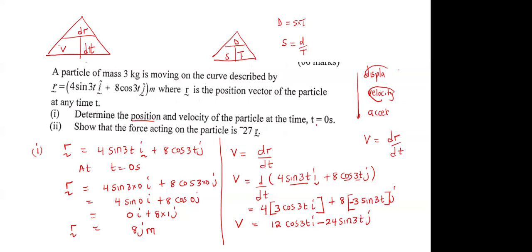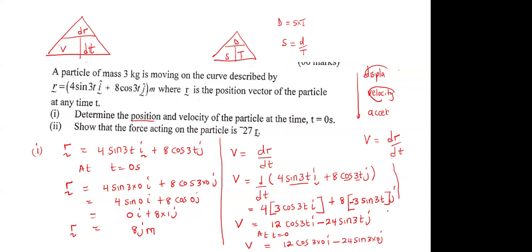Now, since they wanted t equals 0, you will substitute t equals 0. Now, at t equals 0, we shall substitute and say v will equal 12 cos of 3 times 0 i minus 24 sine of 3 times 0 j.